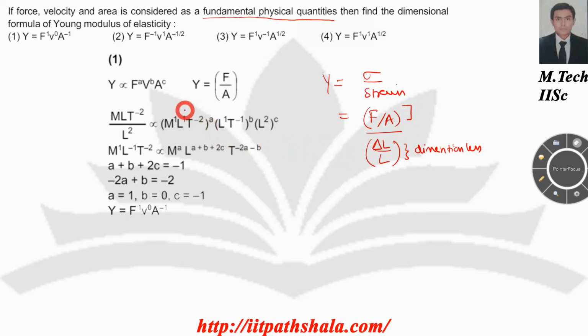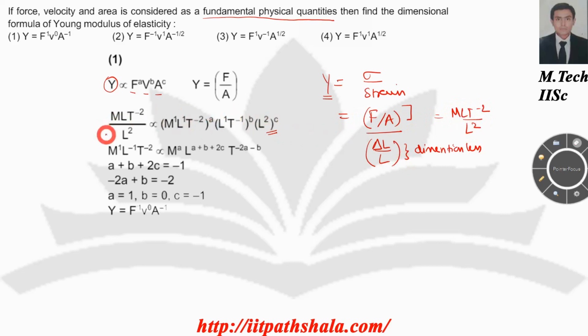Now you have to compare the following. Let us consider that my Young's modulus is having a dimension of F^A, V to the power B, A to the power C as per the question. Putting all the following values over here in the following expression, I am left with F is nothing but MLT minus 2, raised to the power A. V is nothing but LT minus 1, raised to the power B. Area is nothing but L square, raised to the power C. And from this expression over here, I know that it is force upon area, then it is MLT minus 2 upon area L square.